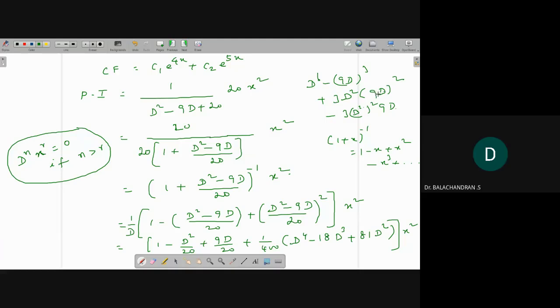Here you have 9d cube, so if I divide by d, we'll get d square. So d square of x square is 2. But somebody will write only this, because the answers differ by a constant. Then it is not a big issue.